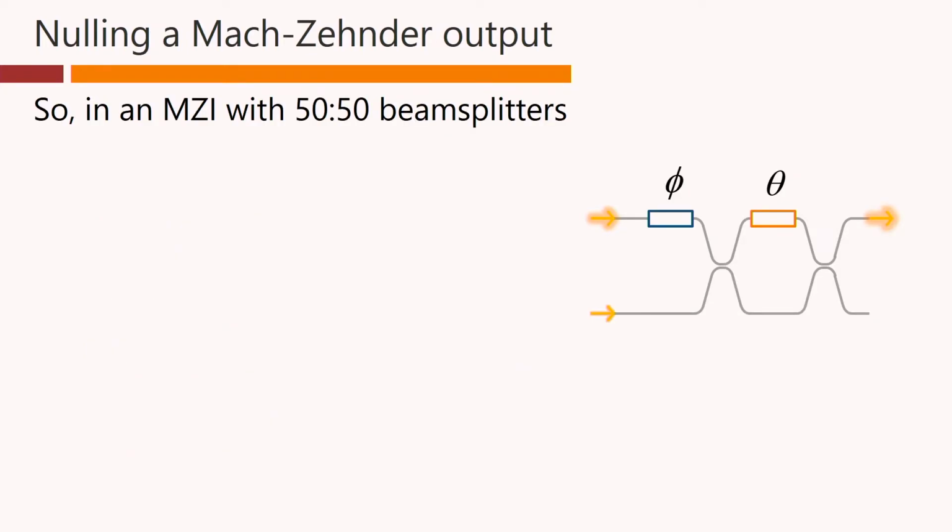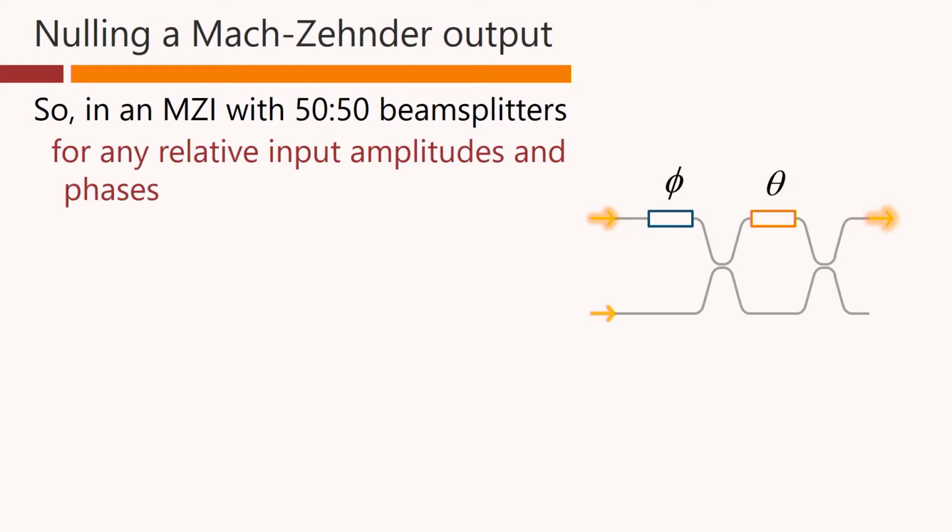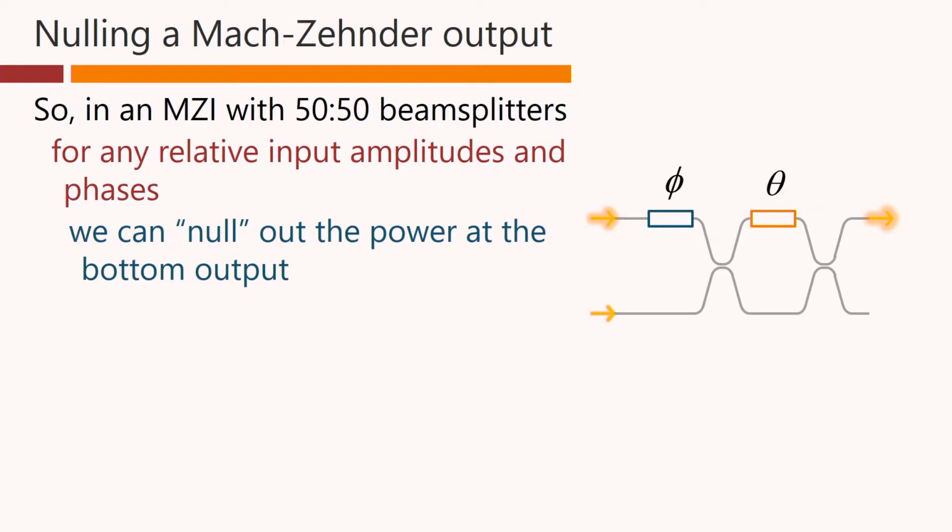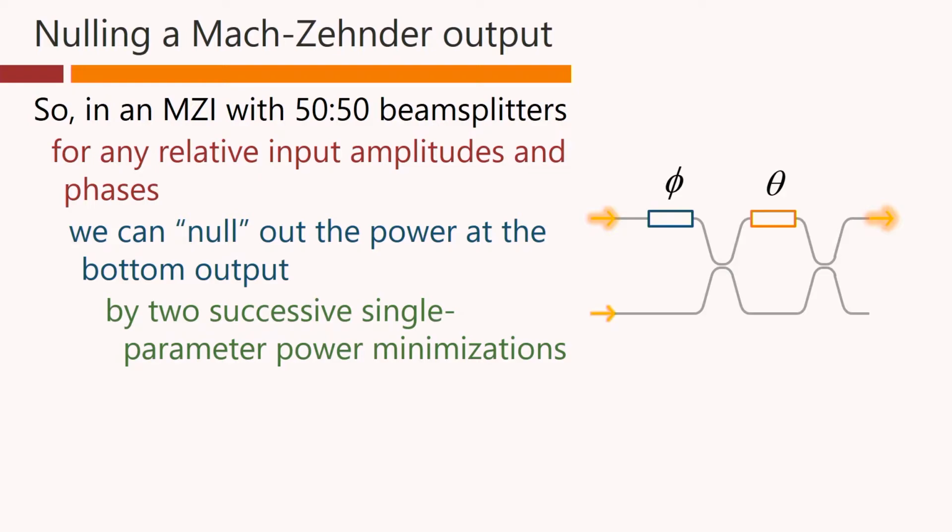So, in a Mach-Zehnder with 50-50 beam splitters, for any relative input amplitudes and phases, we can null out the power at the bottom output by two successive single-parameter power minimizations, first using phi and second using theta.